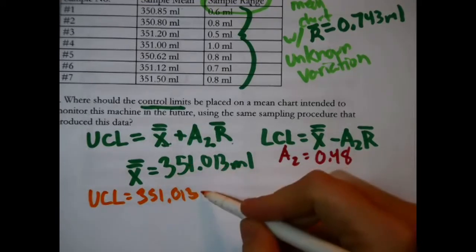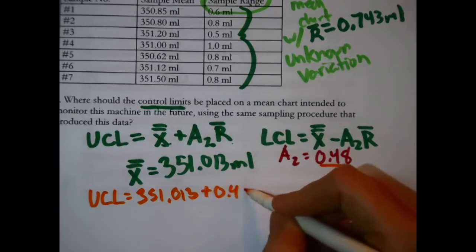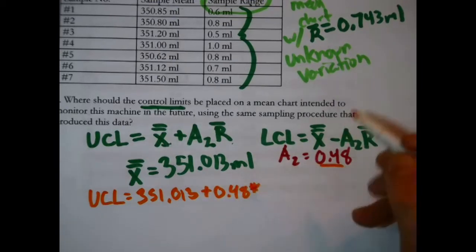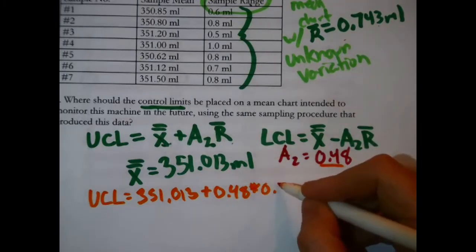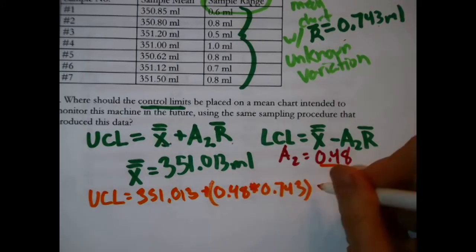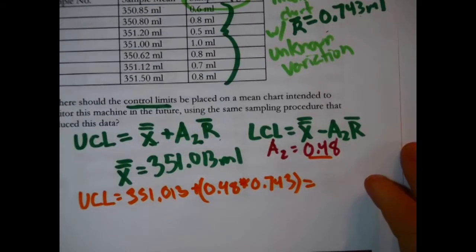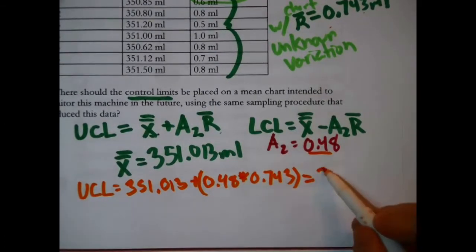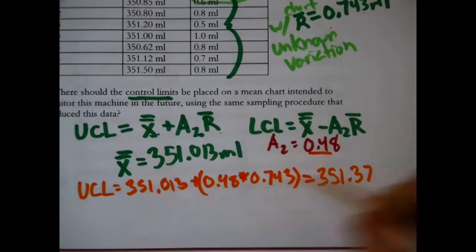That's that, plus A2, what we've just found, 0.48, times the average range, R bar, 0.743, and remember, do the multiplication first. So I get on my calculator that the upper control limit is essentially 351.37, right? When I do those calculations.